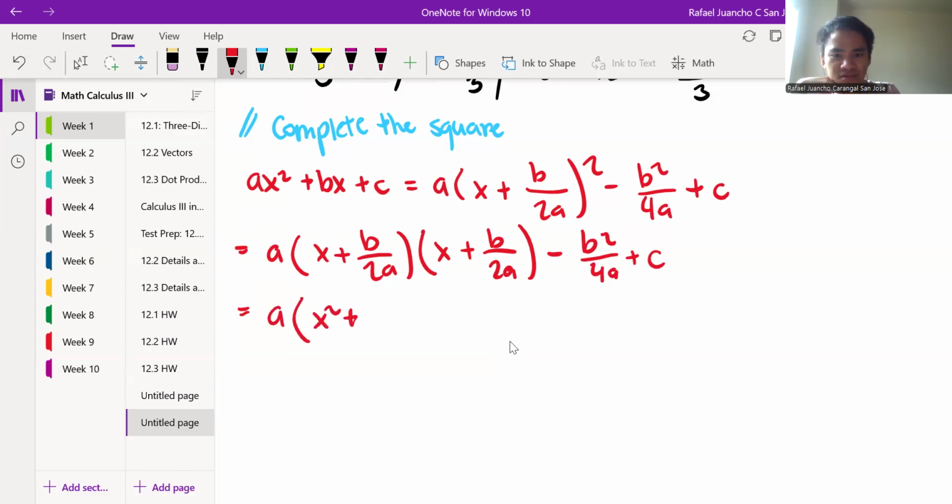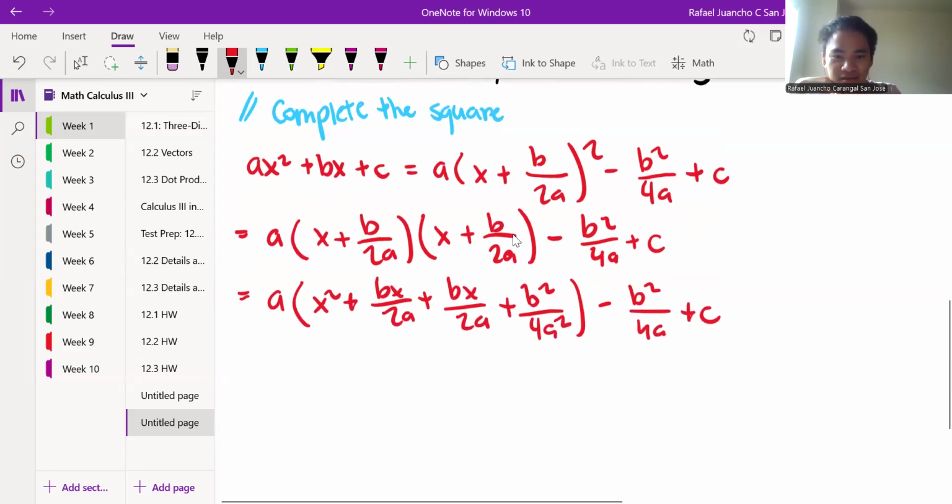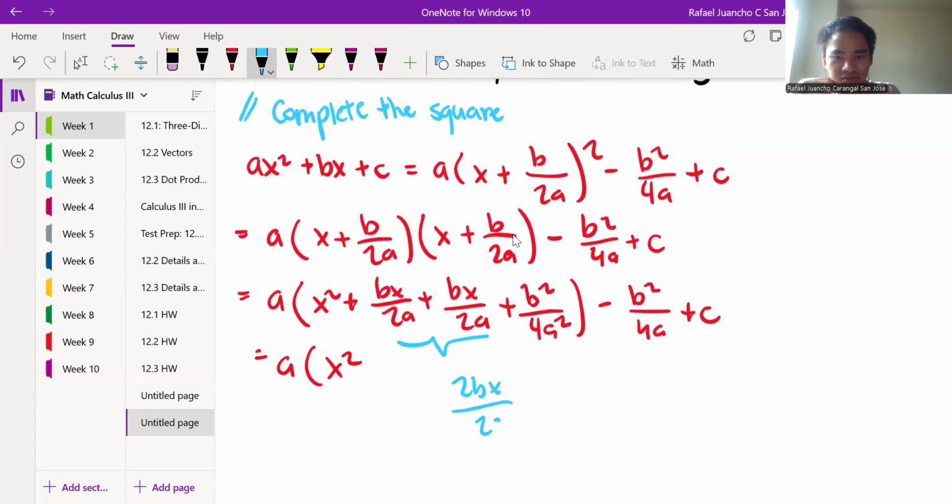So x squared plus bx over a plus bx over a, right? Plus b squared over 4a squared. Then copy. And then we have this is 2b, right? So this becomes 2bx over 2a. We cancel out the 2, so we have bx over a.